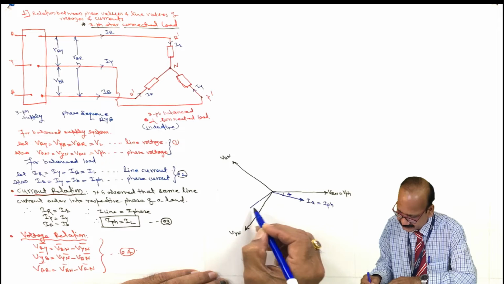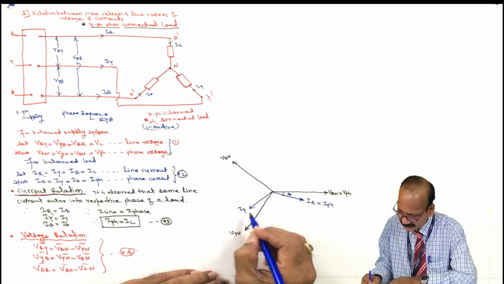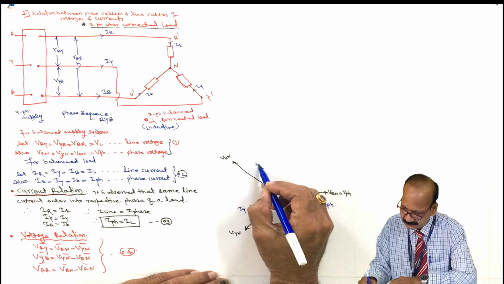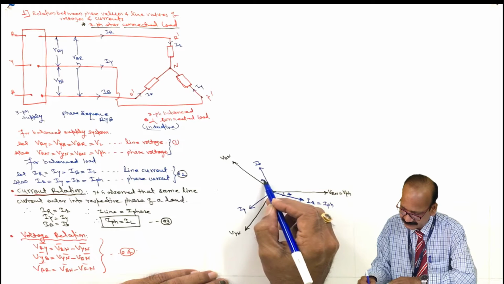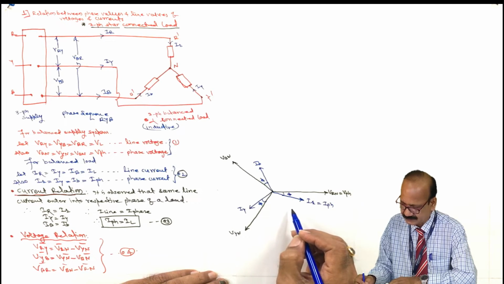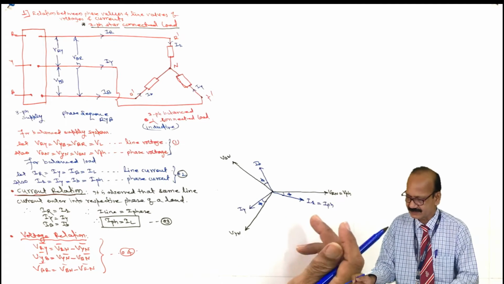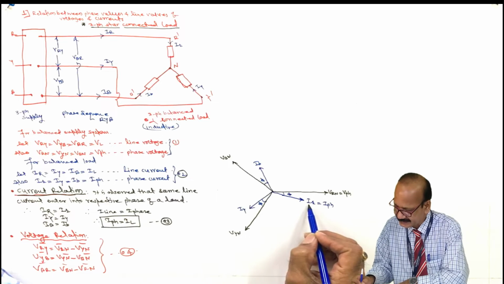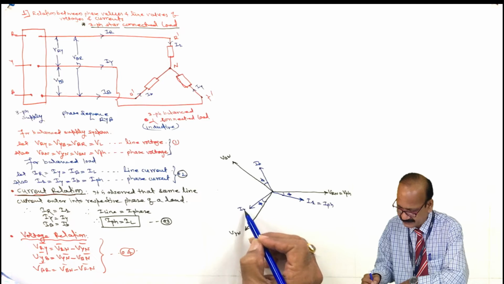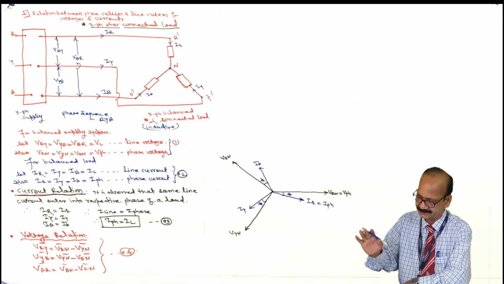So here it is IY, and this is IB. This angle is phi. This angle is phi. So if we observe carefully, see the counterclockwise rotation. IR lags VRN, VPH, by angle phi. IY lags VYN by angle phi, etc.